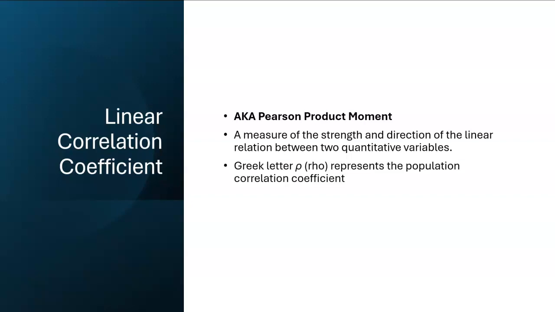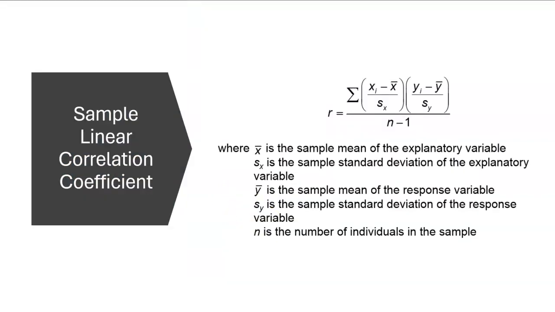We use the Greek letter rho to represent the population correlation coefficient, and we use the letter r to represent the sample correlation coefficient. In this video, we are only going to calculate r, which is the sample correlation coefficient. And here is the formula for that. You take the sum of each data point minus the mean of that data, divided by the sample standard deviation of those data.